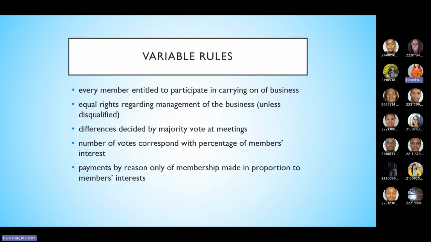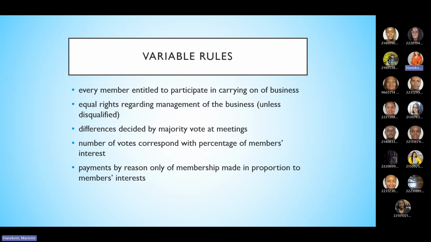The procedures at that meeting can be changed. Default position, majority vote, calculated in accordance to the percentage of members' interest, but the closed corporation can, for example, in their association agreement, agree that it's not majority vote, but it must be consensus. Everybody must always agree that irrespective of percentage of members' interest, it's one person, one vote, whatever suits your particular purposes.